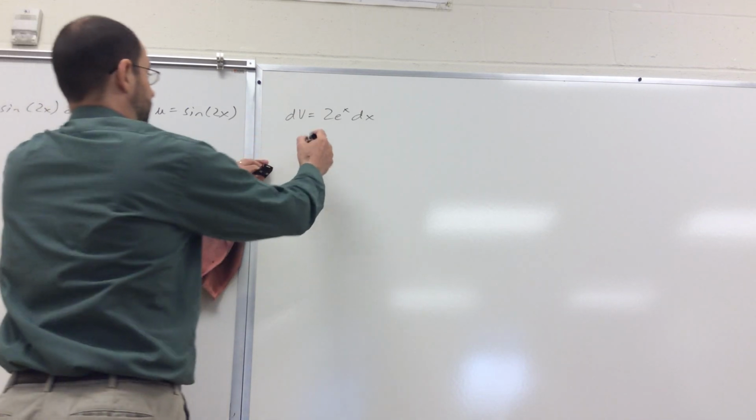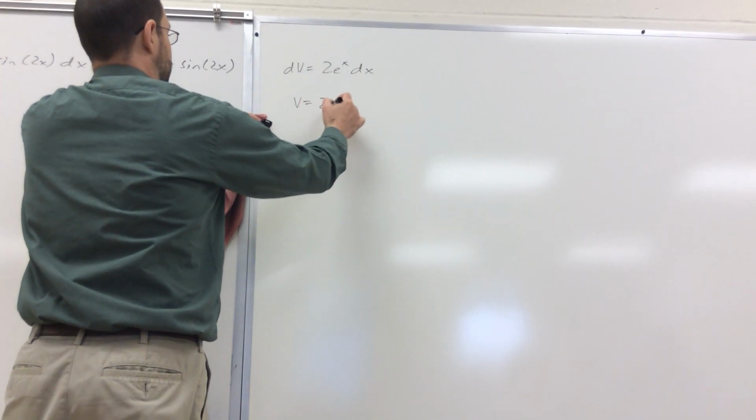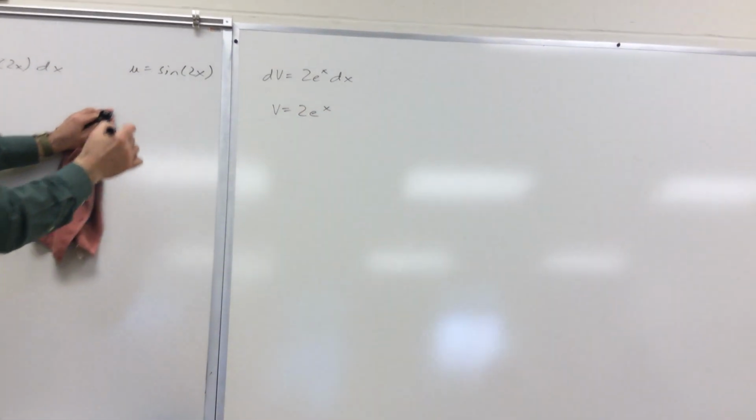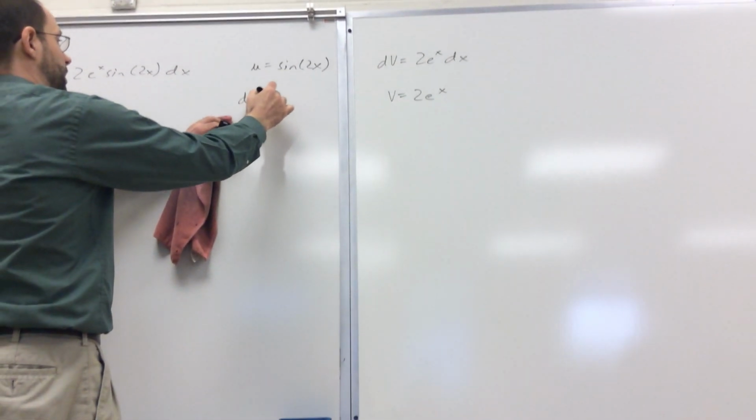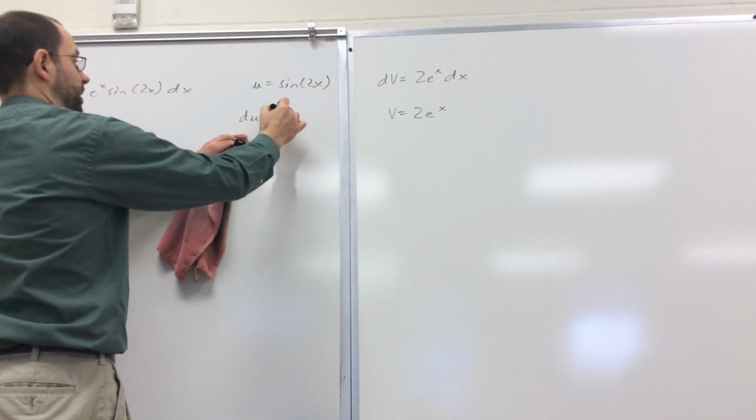So then here you do the antiderivative, which is 2e to the x. Here you do the derivative. Sine is cosine.